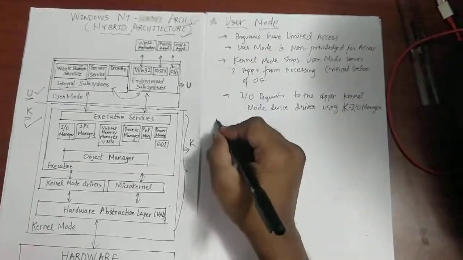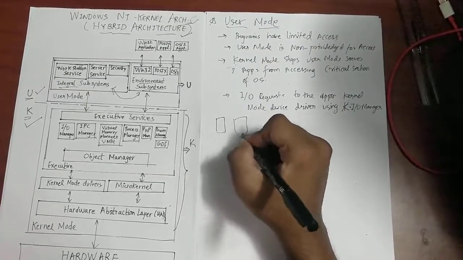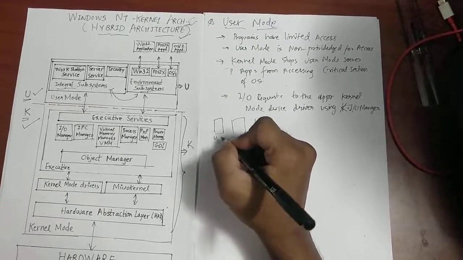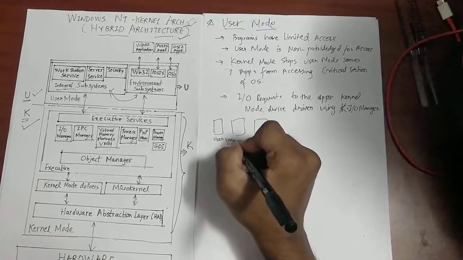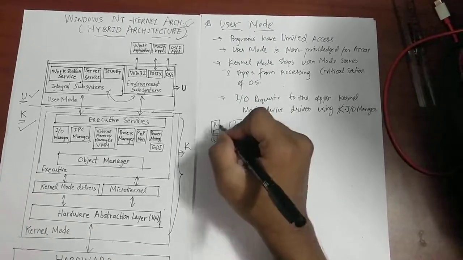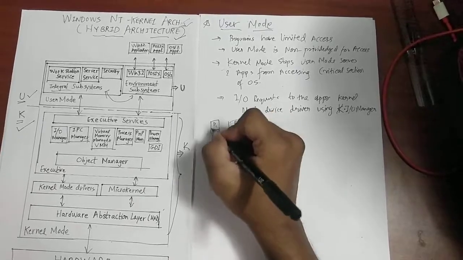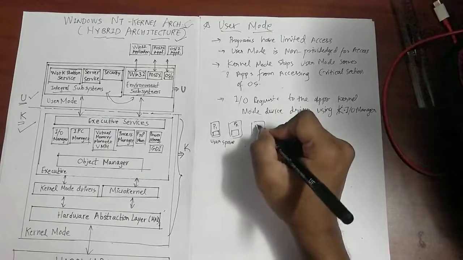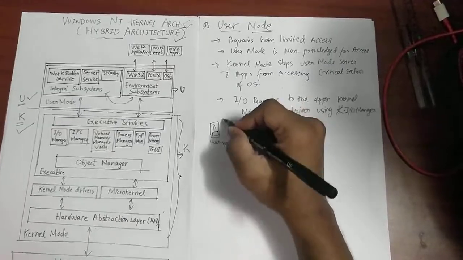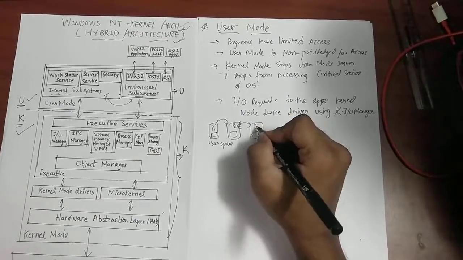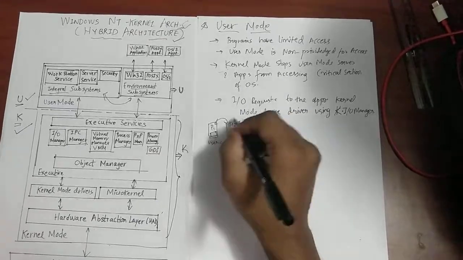Now in this user mode there are some features. Every program, each and every application or process has its own user space. Every process has its own particular memory stack or other separate personal resources, and these programs do not interfere with other processes or programs, and not even with kernel mode.